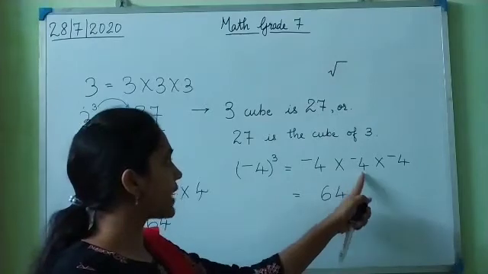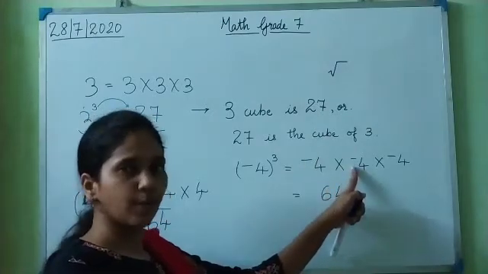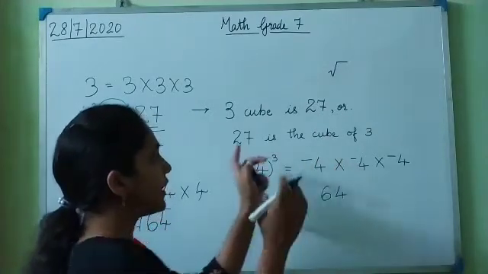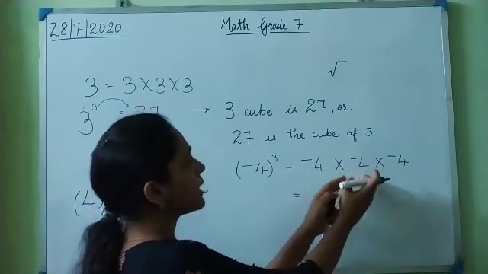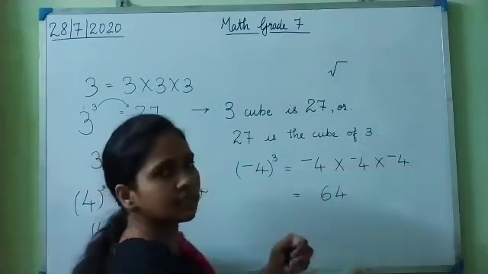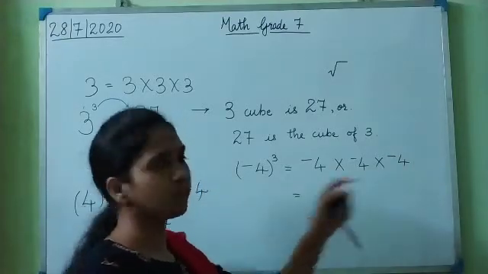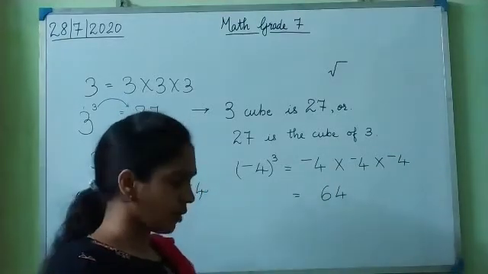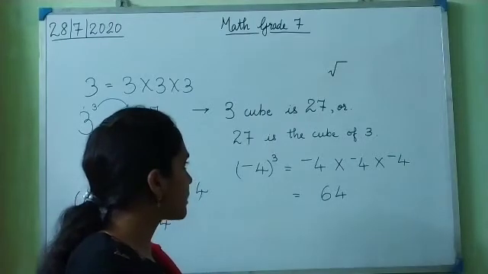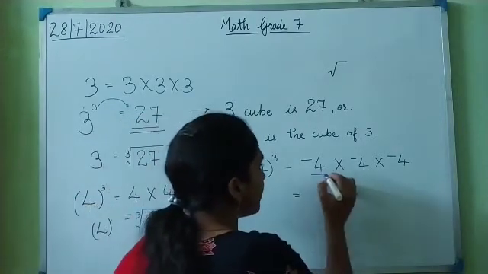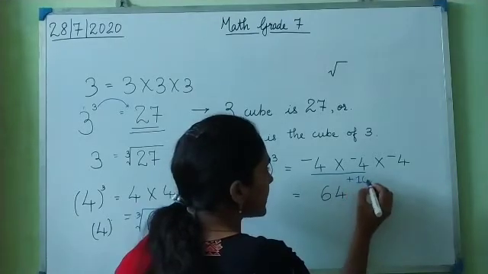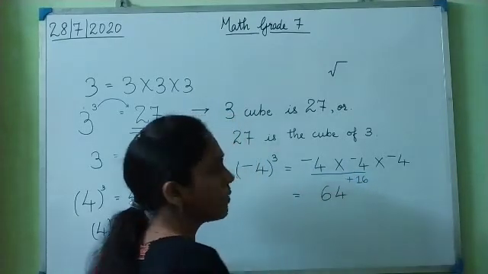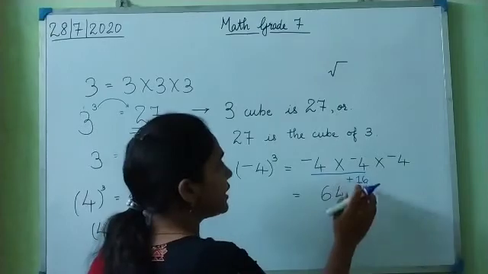Then that positive multiplied by the next negative will again become negative. Let me explain it again. The multiplication of the first two numbers will be plus 16, because negative into negative is positive, and 4 into 4 is 16.